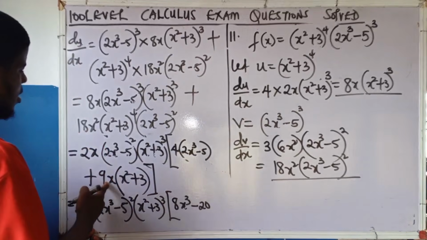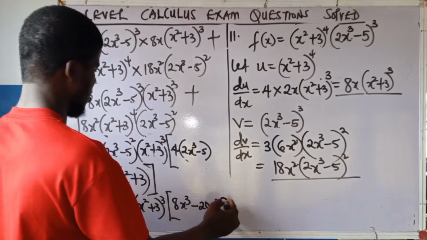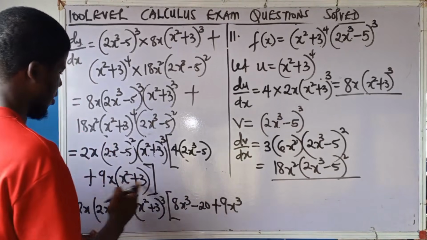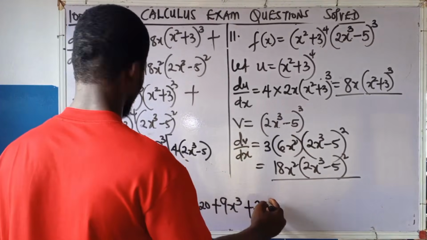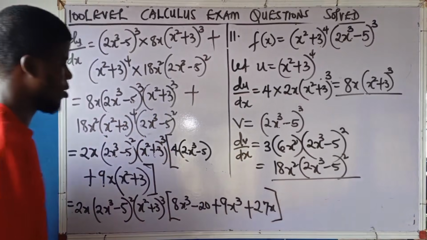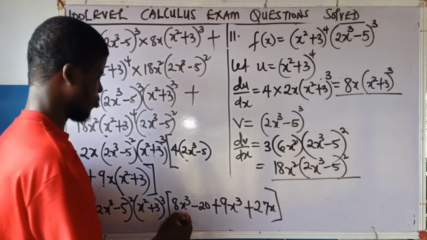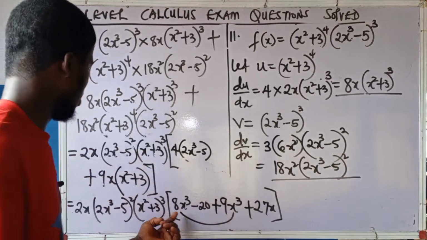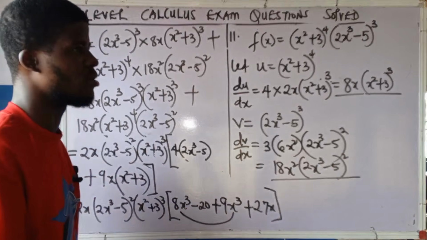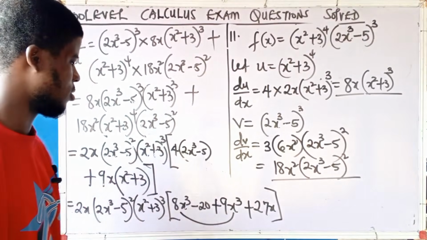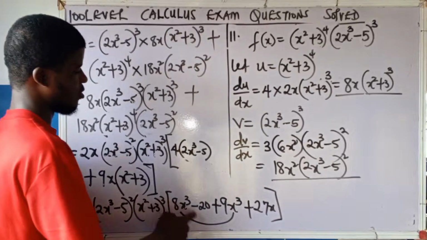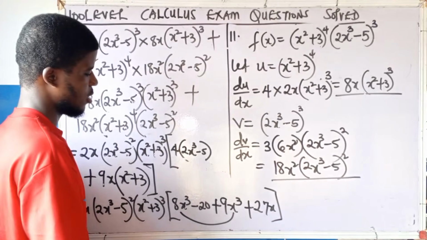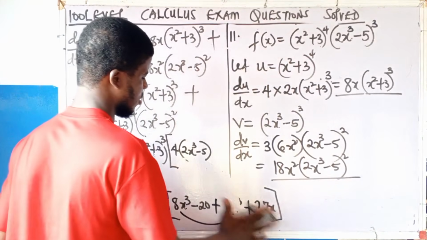You get it? 9x times x squared is plus 9x cubed. 9x times 3 is 27x. Check. I think I can handle these two together because they are like terms. 8 plus 9 is 17. Yes, 17. So this one will give me 17x cubed, right? So I should just write 17x cubed now.